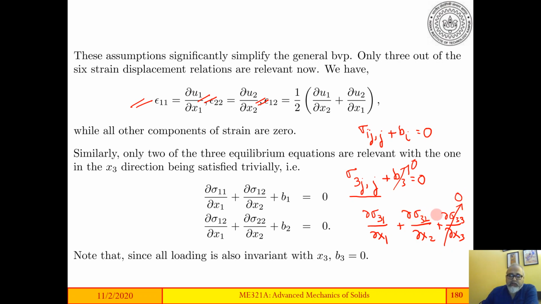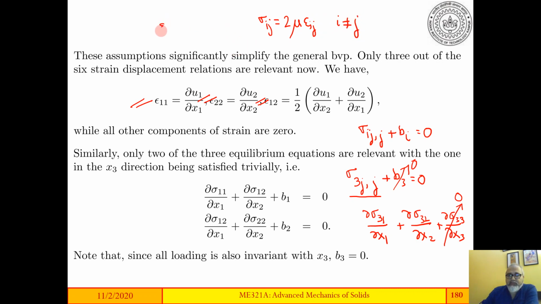In the linear elastic isotropic case, sigma ij is equal to 2 mu epsilon ij for shear strains when i is not equal to j.